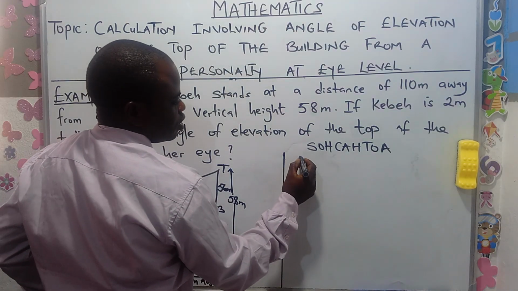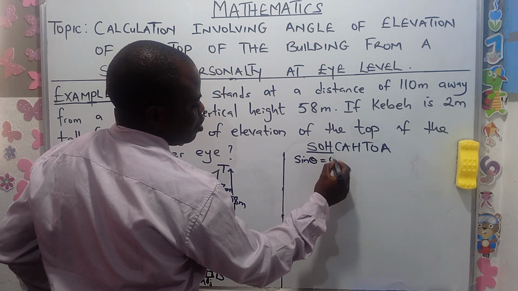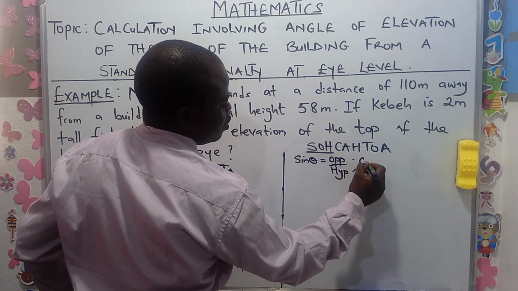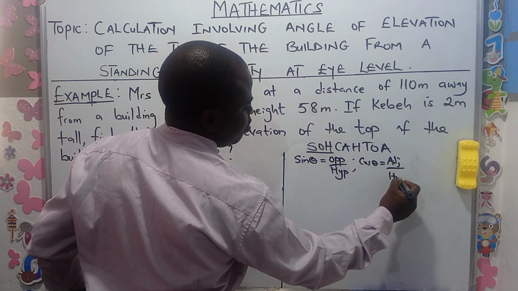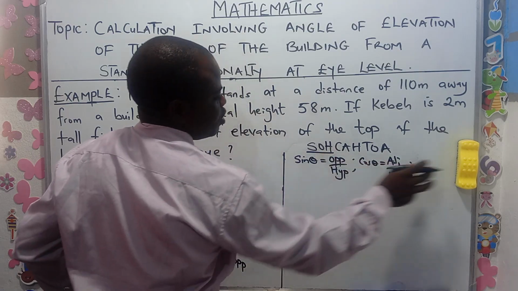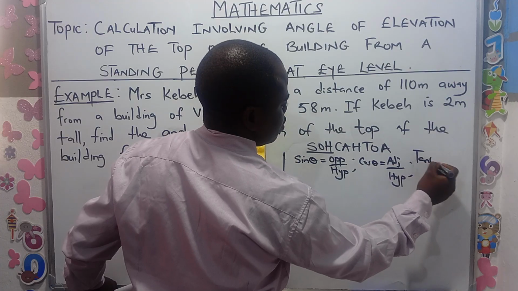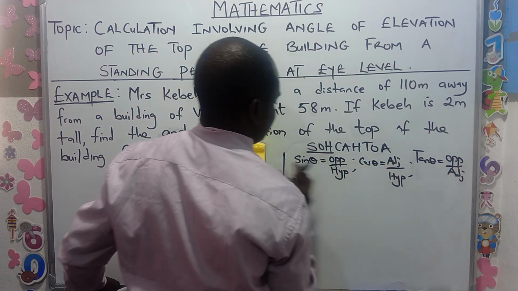Now, sine theta equals opposite over hypotenuse. Cos theta equals adjacent over hypotenuse. And tan theta equals opposite over adjacent.